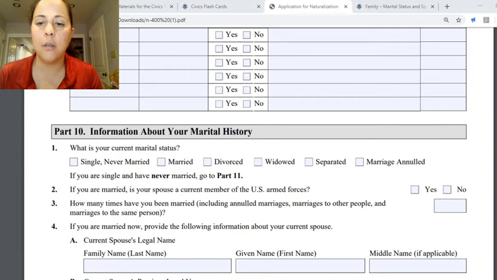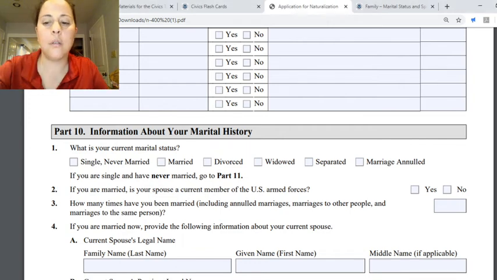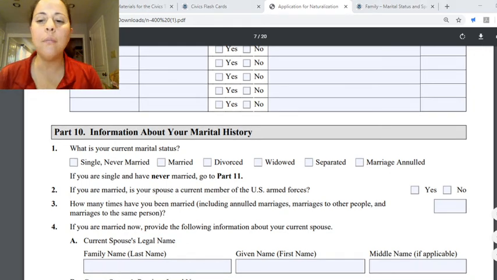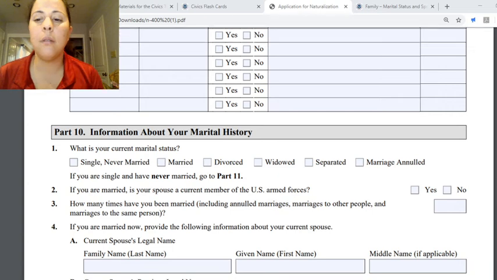Let's review what we learned last time, part 10 of the N400 application, information about your marital history. Remember, number 1, what is your current marital status? Single, married, divorced, widow.